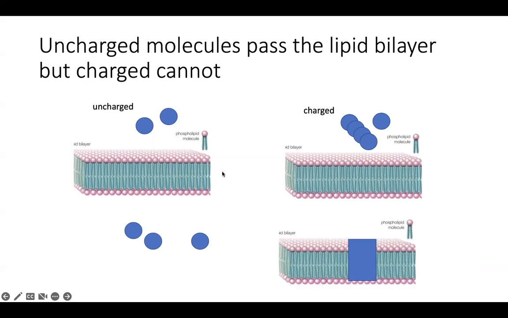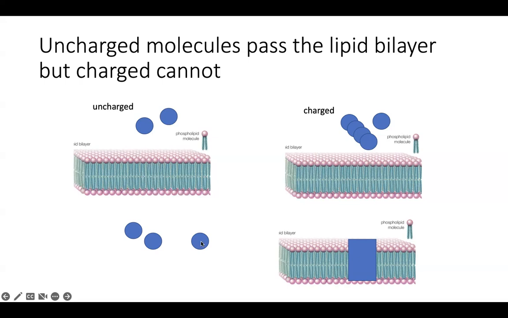This is called a channel protein, by the way. It creates an environment inside which is hydrophilic, charged, and outside a hydrophobic, so it can stay in the membrane, but the hydrophilic part can let the hydrophilic molecules pass through. We will see its structure and a lot of details later on.